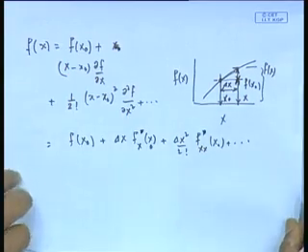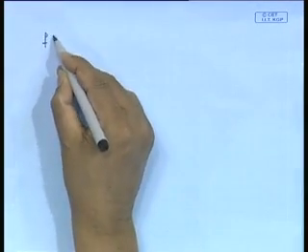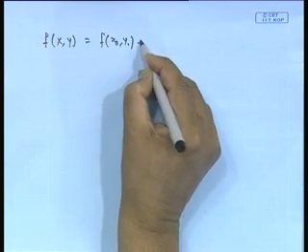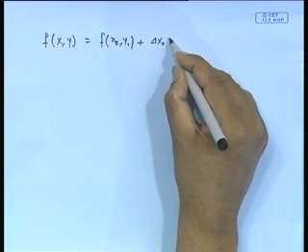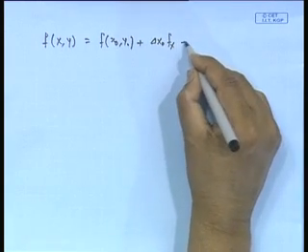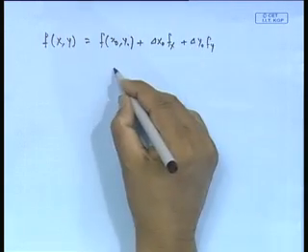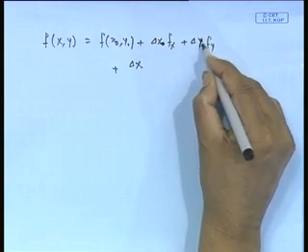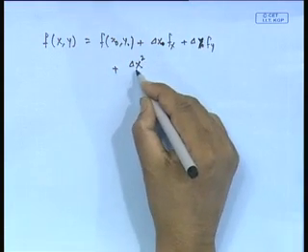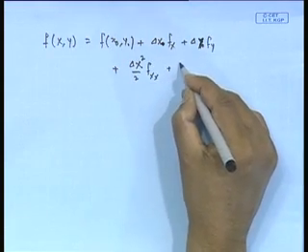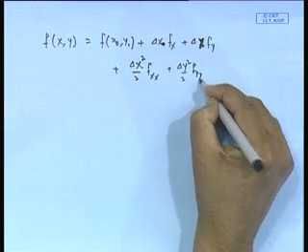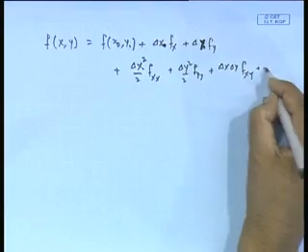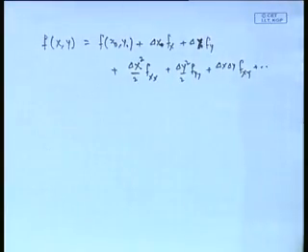Now supposing it was in two dimensions, supposing the function was a function of x and y, then of course it will become function of x0, y0 plus delta x f_x plus delta y f_y plus delta x squared by 2 f_xx plus delta y squared by 2 f_yy plus delta x delta y f_xy, etc., etc. Similar way that we all know. So this is a standard Taylor expansion.